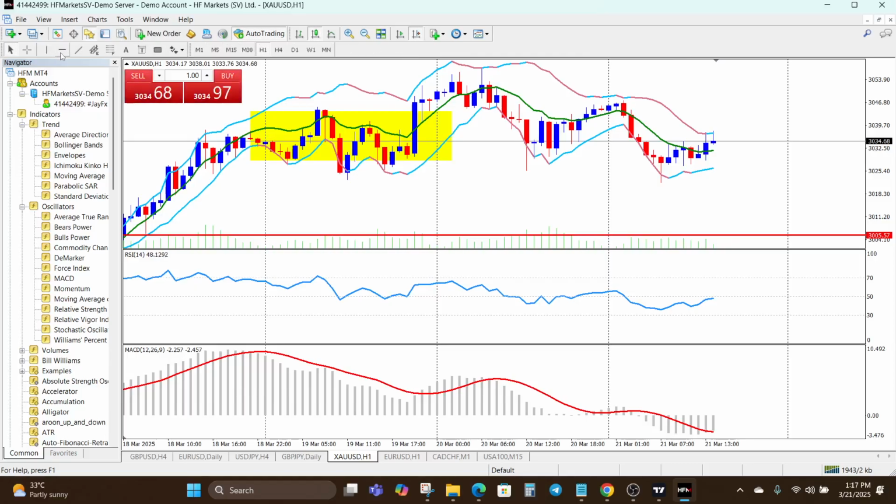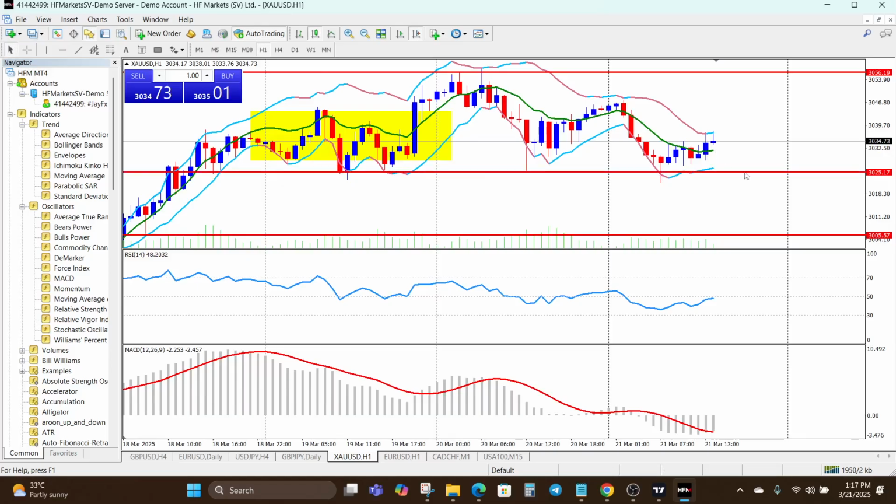Okay, and also make sure you pay attention to resistance and support levels. These are very, very important price points on your chart. So using these tools together helps traders avoid false signals and make more informed trading decisions.